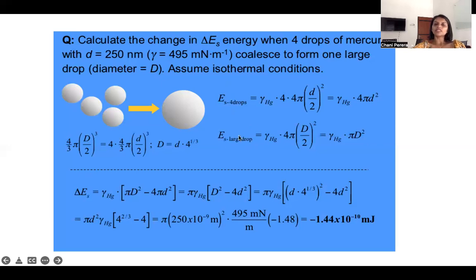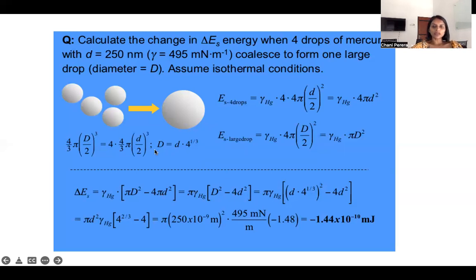Obviously the area is bigger here, so we have bigger energy for the bigger one, and we will have to subtract the surface energy of the 4 droplets from the big drop's surface energy.